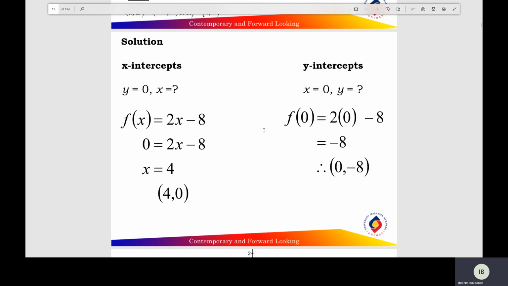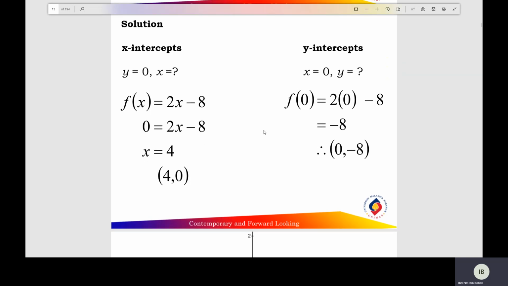Before you sketch the graph of the linear function, first you find the x-intercept of the function. Let y equal 0, so 0 equals 2x minus 8, and find the value of x. X here equals 4, and the x-intercept is at (4, 0).